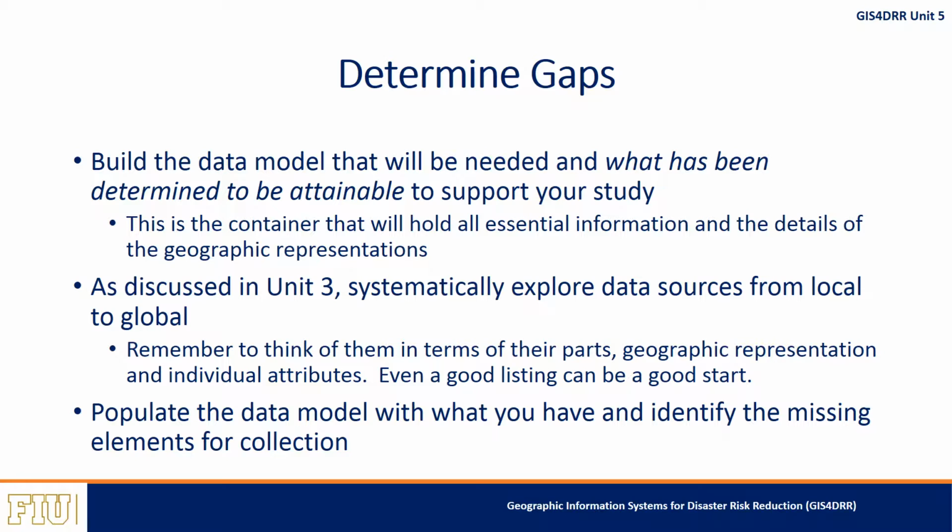If there's some place that has good attribute data and another place that has good GIS geometries, maybe you bring them together, or maybe you bring multiple attribute tables together. So that can be useful. It can pose some challenges as well. So then once you line that up, you want to populate the data model and bring in all the data you have into your data structure, and then look at where the gaps or the soft spots are, and initiate a plan to solve them.